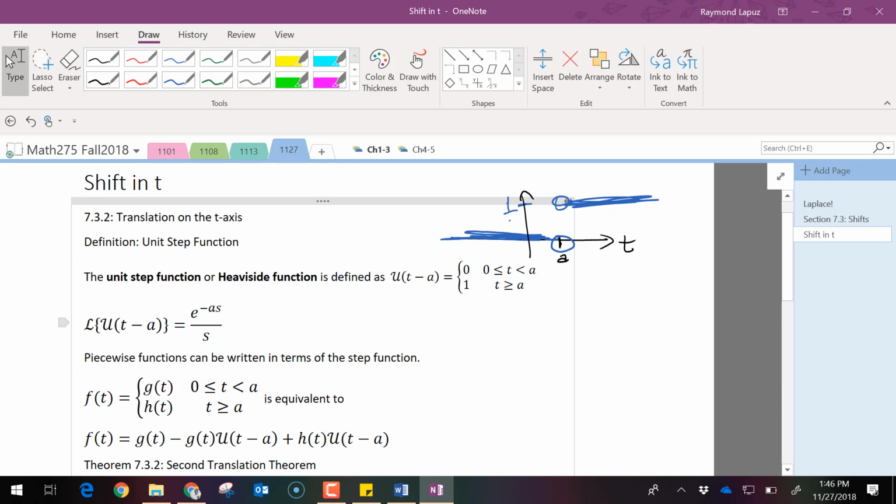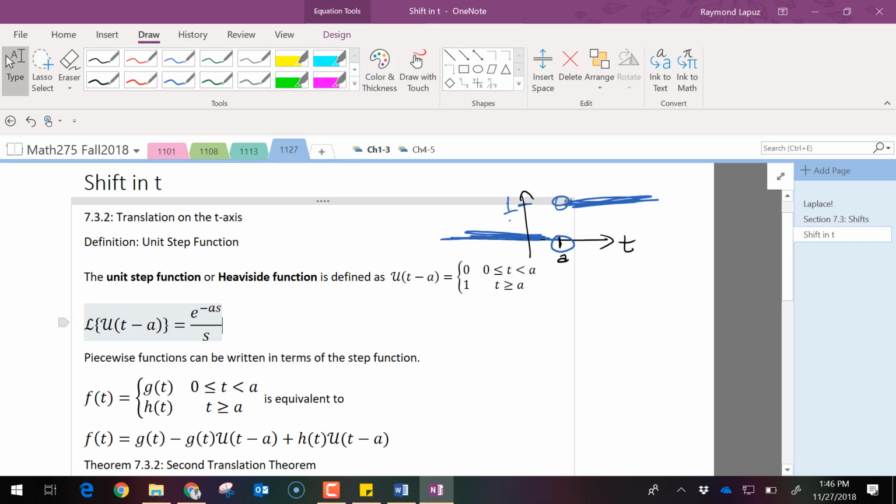So the Laplace transform of this, if you were to put this into the Laplace transform formula, it goes from 0 to infinity, right? Because this splits up between minus infinity to a and then a to positive infinity, technically you would split up that integral and you'll get something like this. So the Laplace transform of a unit step function is e to the negative as divided by s.